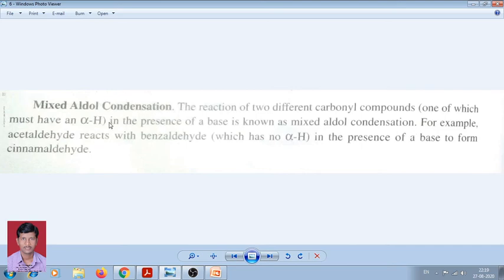It is the condensation of a carbonyl compound with different carbonyl compounds, where a carbonyl compound should have an alpha hydrogen atom. This is an essential or necessary condition, and the reaction that gives the product is called a mixed aldol condensation reaction.